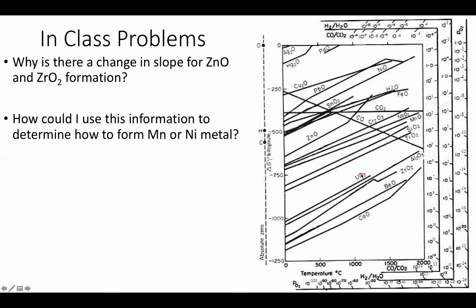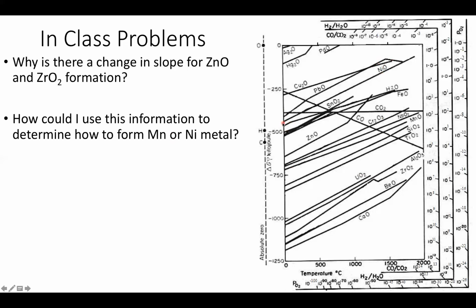Similarly, I can also use some of this information about how I would try and go about forming solid manganese or nickel. So let's start by taking the case of nickel. So nickel is often going to be found in the form of nickel oxide as a mineral.